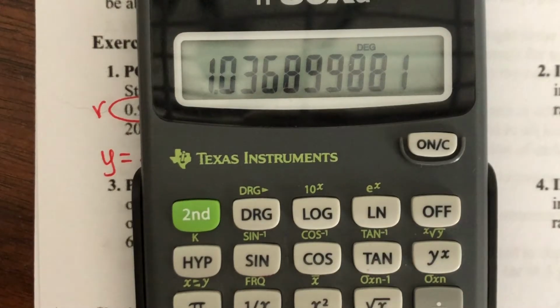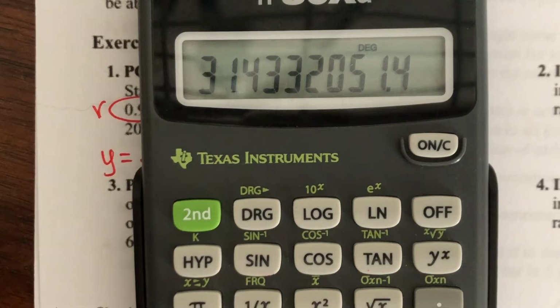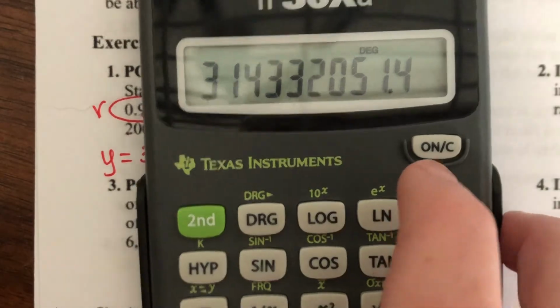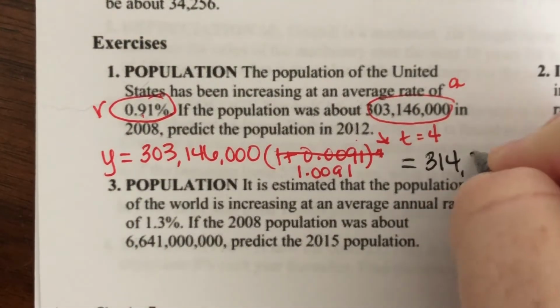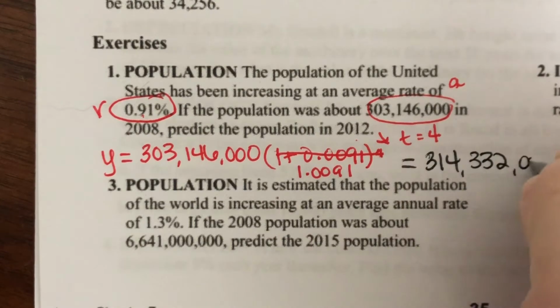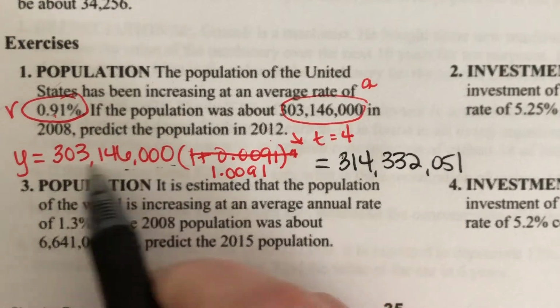So times 303,146,000 equals 314,332,051. So our initial population is here.